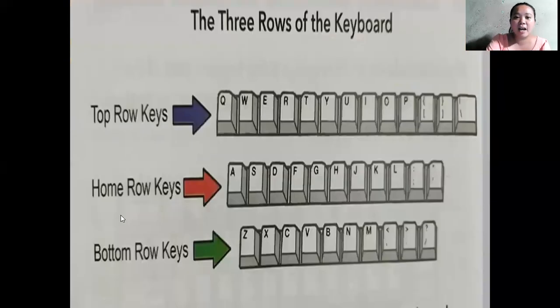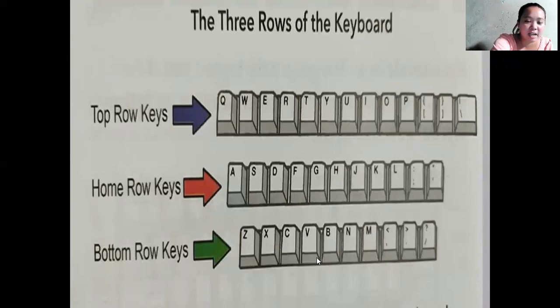Okay, now in our alphanumeric keys, we have 3 rows of the keyboard: the top row keys, the home row keys, and the bottom row keys. Can you please check your keyboard there? The QWERTY, Q, W, E, R, T, Y, U, I, O, P, and the other keys, these are the top row keys.